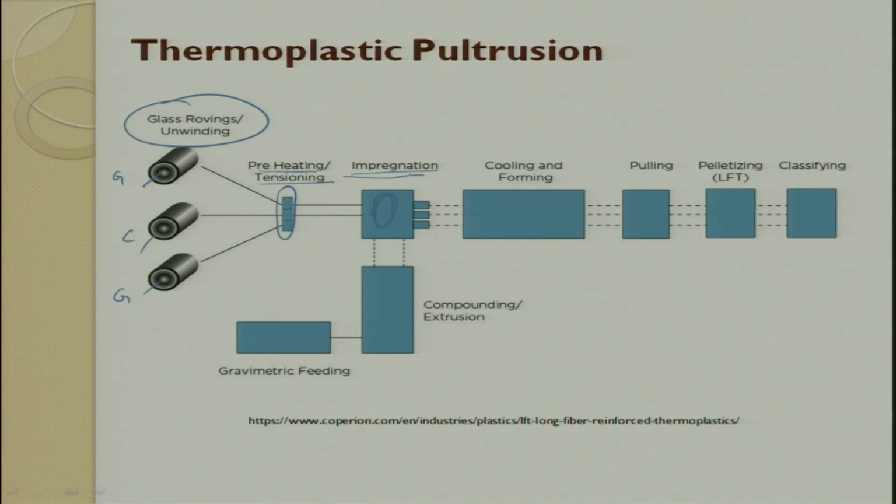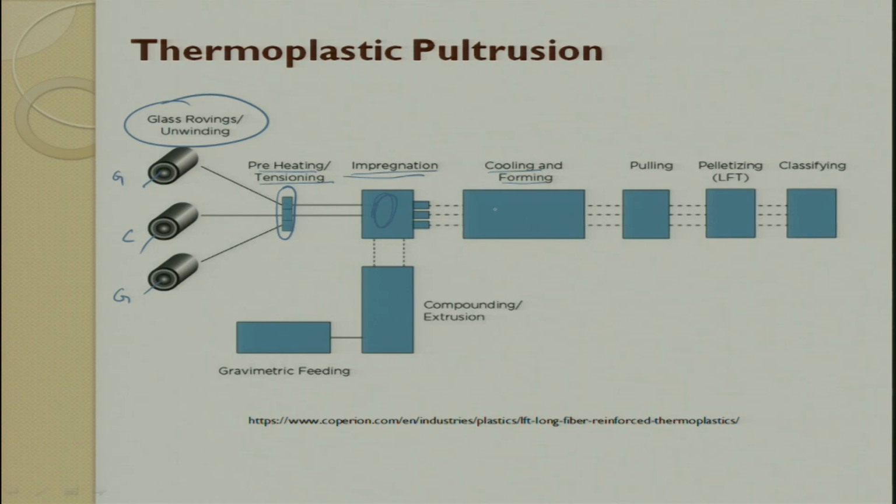So, here it is getting impregnated. So, the fiber and the matrix get blended at the impregnation station. After the impregnation station, we try to cool and give a basic shape to the fiber and the matrix which is mixed.